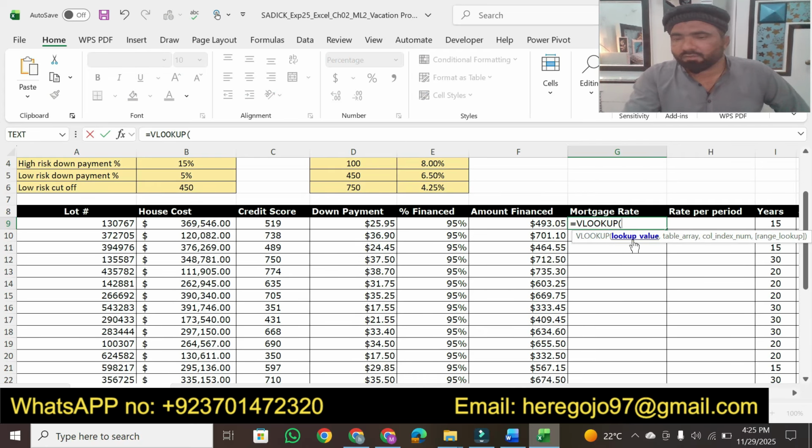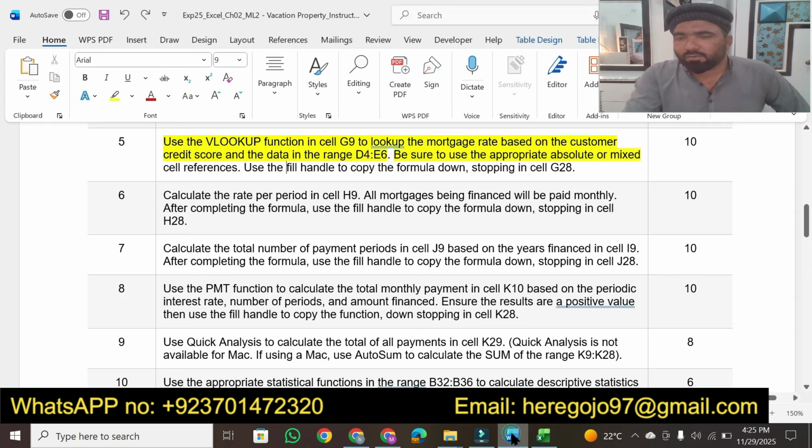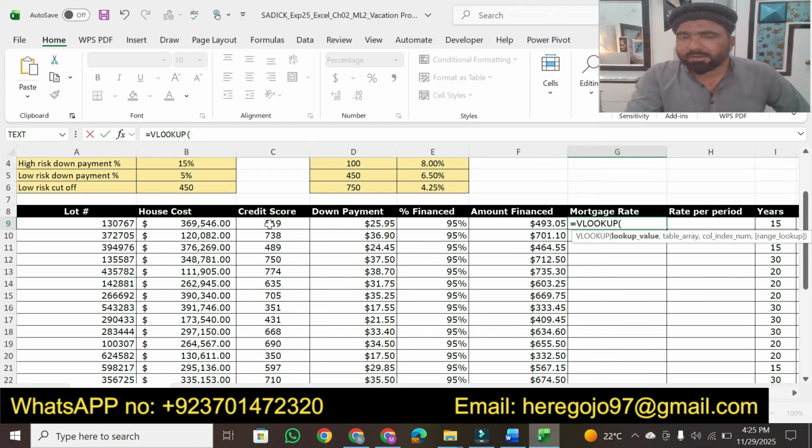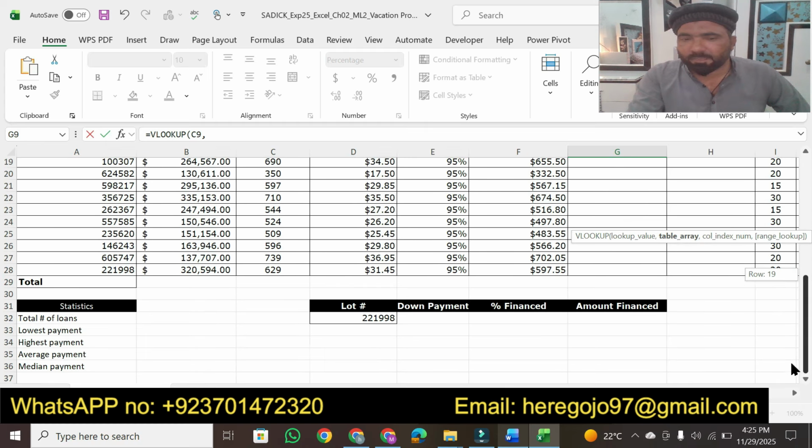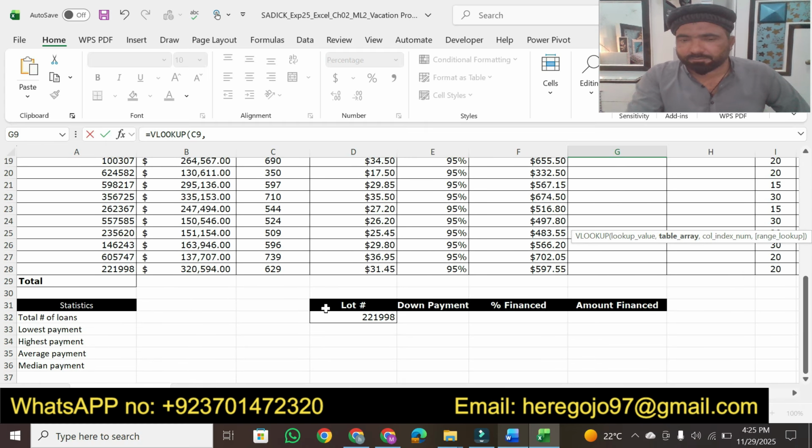Now we have to pass the lookup value, then the table array, then the column index. The mortgage rate is based on customer credit score. Where is the credit score? Here is the credit score. Then the table array is here, I think, this one. We have to pass that one.